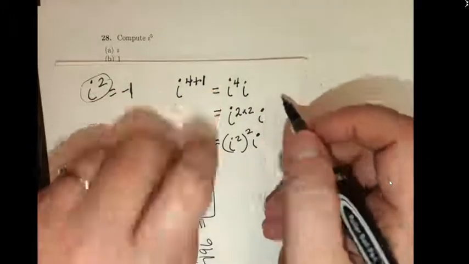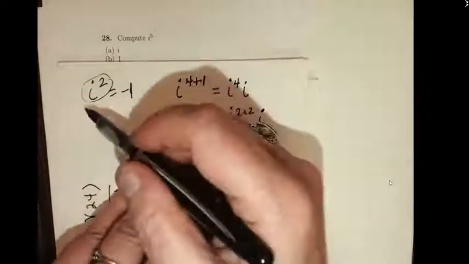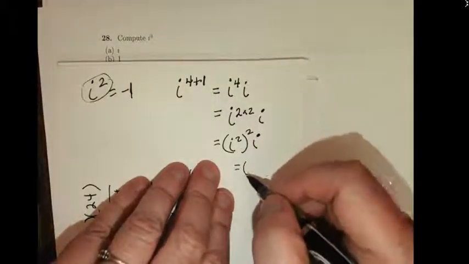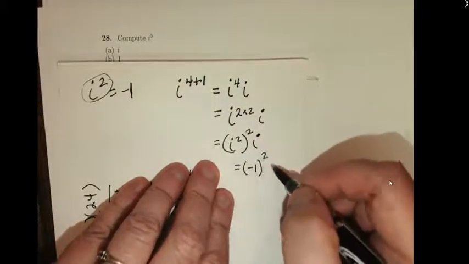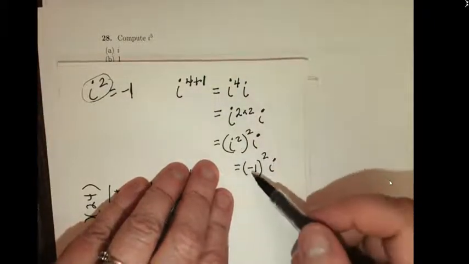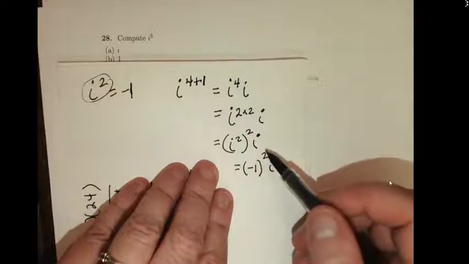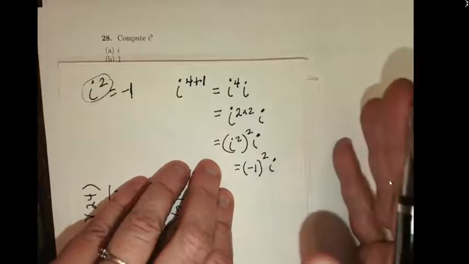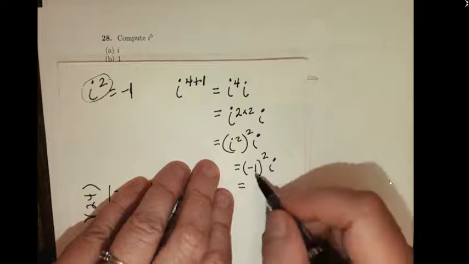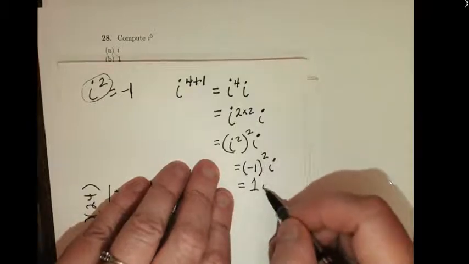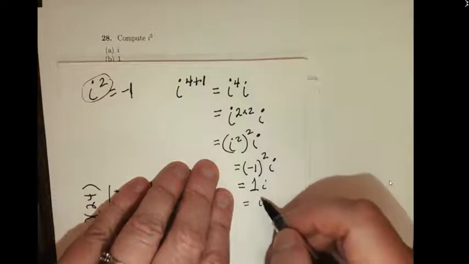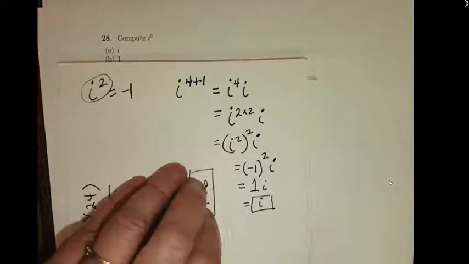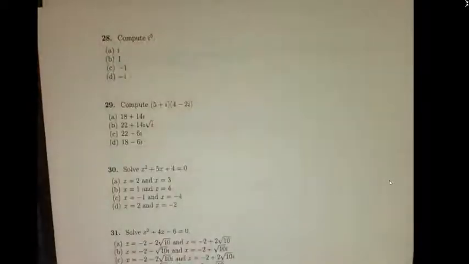If you were going backwards, you could see how this works. Now, we're going to use the fact that i squared is -1. And if you have a negative number raised to an even power, the negative symbol disappears. So this is going to give me +1 times i, and 1 times i is just i. So i to the 5th power is i.